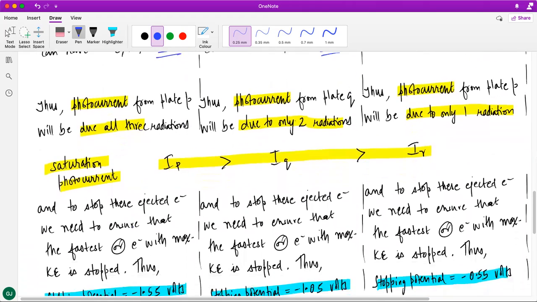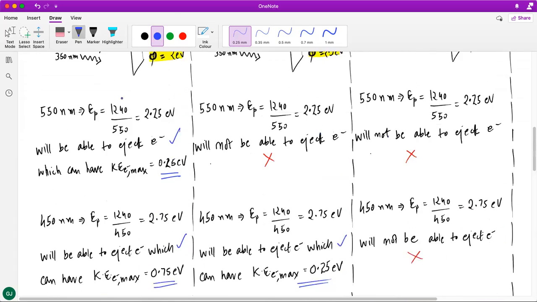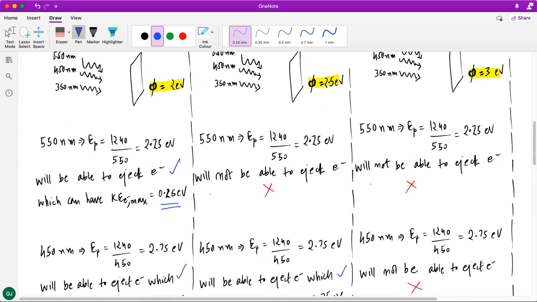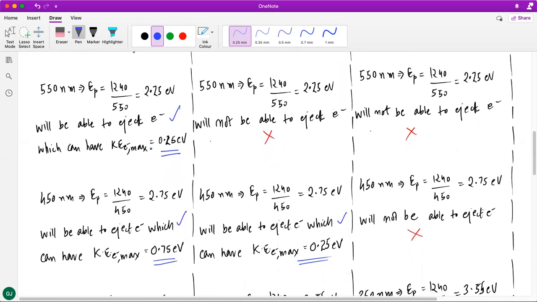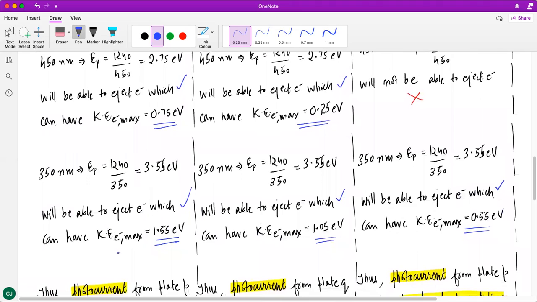Secondly, when we think about the stopping potential, as I said in the previous definition also, it is the potential difference that we need to apply to ensure that the fastest electrons, or the electrons with the maximum kinetic energy, are stopped. Now, in case of plate P, all the three radiations are ejecting electrons, and their KE max is also different, and we focus on the one which is the highest, right?